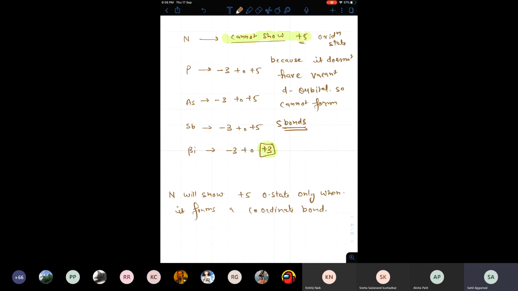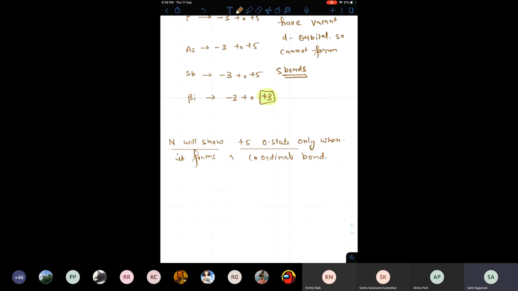Nitrogen will show +5 oxidation state only when it forms a coordinate bond. For example, this.